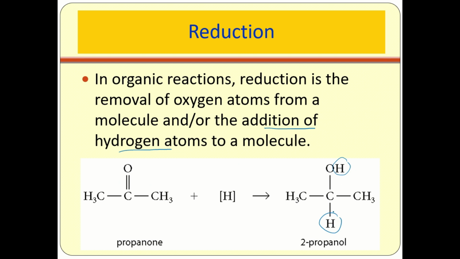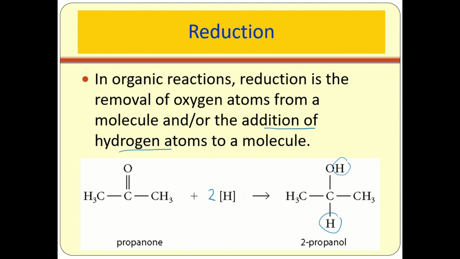So a total of two hydrogen atoms are added to propanone to form propan-2-ol. So for the balancing, we'll put 2 in front of a square bracket H to represent the number of hydrogen atoms required for this reaction to happen from the reducing agent.